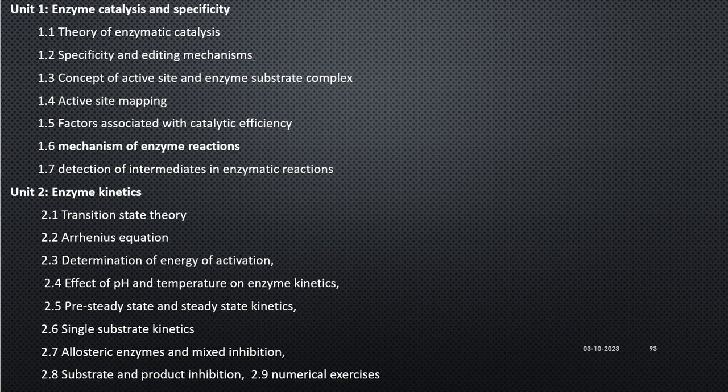You will understand the effect of pH, effect of temperature, optimum pH, optimum temperature, how it works, and if the temperature is lowered, what will happen to that particular enzymatic reaction. I will show you with examples and practically also. This 2.4 is important from a practical point of view also. I will explain all the enzymes which are in our course.